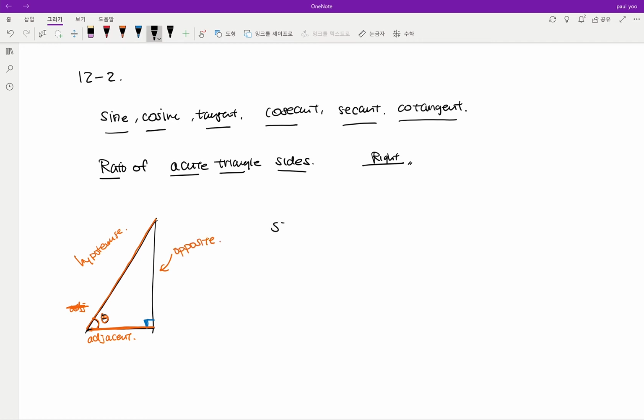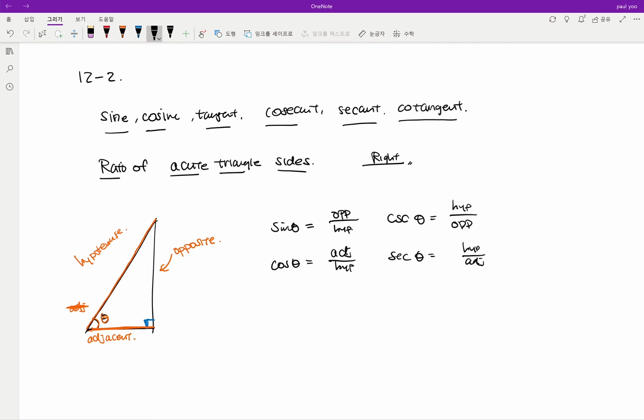So sine of an angle is always going to be opposite over hypotenuse, and cosecant of an angle is always going to be hypotenuse over opposite. Cosine of an angle is adjacent over hypotenuse, and secant of the angle is hypotenuse over adjacent.